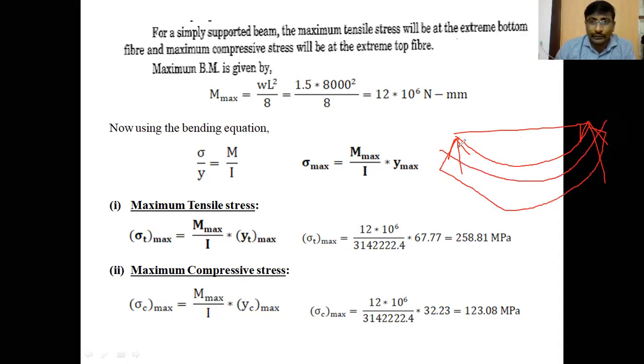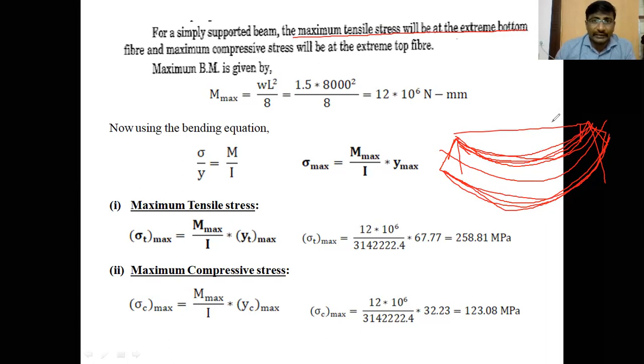The upper portion, that is the extreme top layer, is subjected to maximum compression because it is trying to contract, and the extreme bottom layer is subjected to maximum tensile stress because it is trying to expand during bending. So the maximum tensile stress will be at the extreme bottom layer, and maximum compressive stress will be at the extreme top layer.